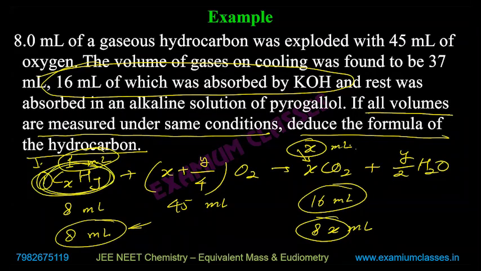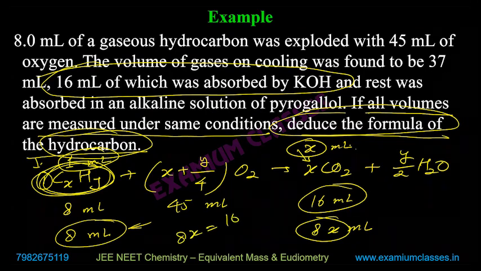You have to deduce the formula of the hydrocarbon. That's what you have to obtain. And this is how you will get the value of X. When you equate 8X to 16 ml, you get X equals 2. Any confusion here? Let me know if you are not clear about it.